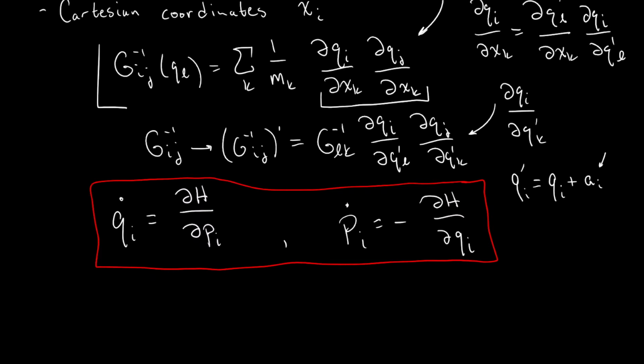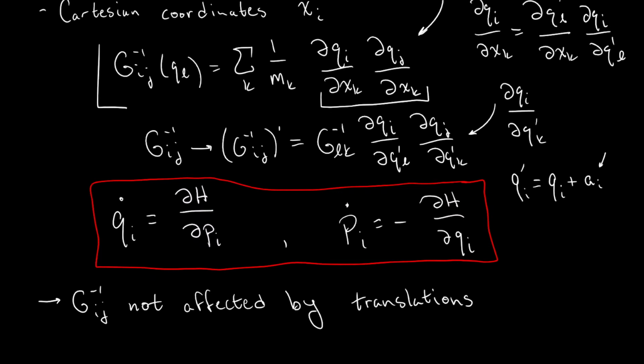So that one's easy to see. So I'll just write that really quick. G inverse_ij is not affected by translations.